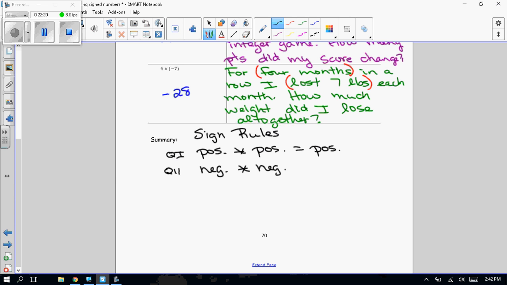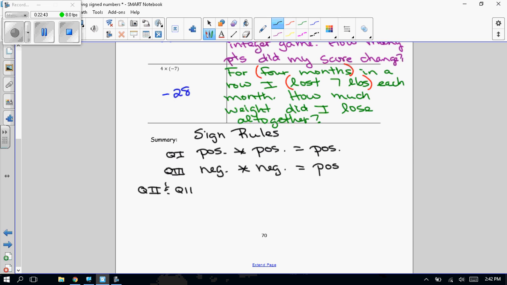There's a bell to let you guys go, but you got a couple more seconds with me. Q1 and Q3, negative times a negative, that was a positive as well if you look at all those things in quadrant 3. Okay, then if I also looked at quadrant 2 and quadrant 4.